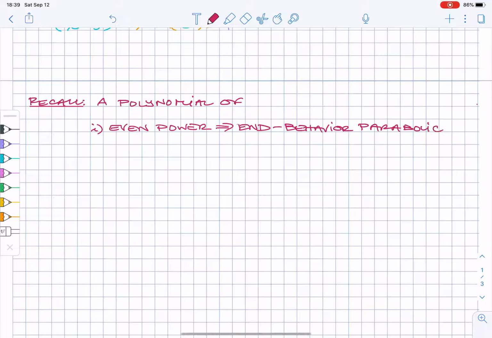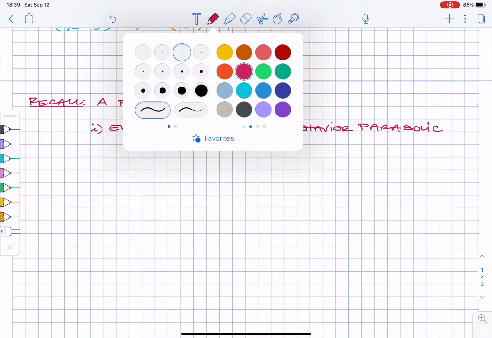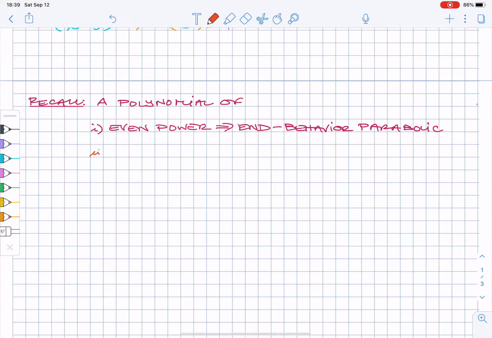But if it's not a monomial, it'll do weird things in between. And similarly, an odd power, if it's not just the power function, is going to have end behavior that's S-shaped. Except for the first power, right?